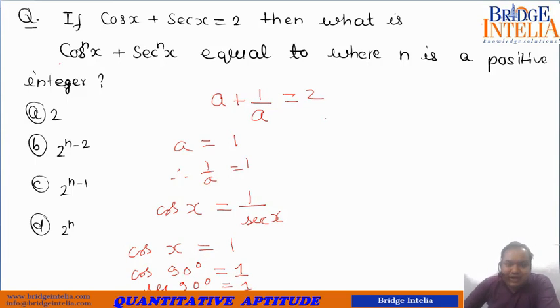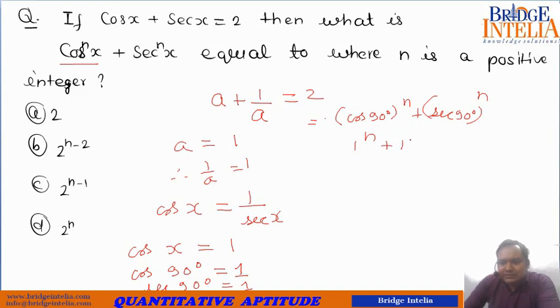So now you have to find the value of cos x to the power n plus sec x to the power n. So you know that x is 90 degree. So this can be written as cos 90 degree to the power n plus sec 90 degree to the power n. So cos 90 is 1, so 1 to the power n plus 1 to the power n. So this will always be equal to 2. It will not even depend on the value of n. So it will always be equal to 2.